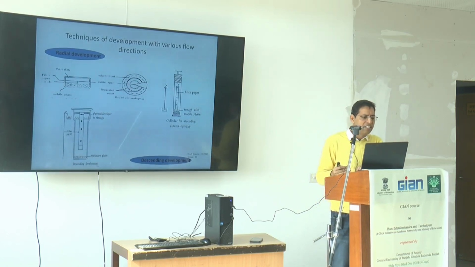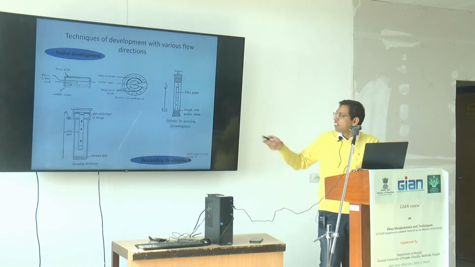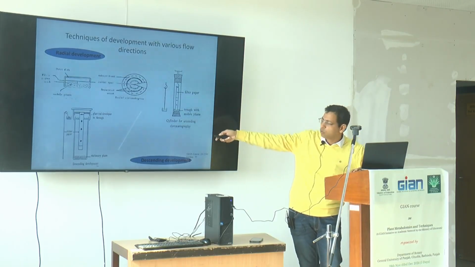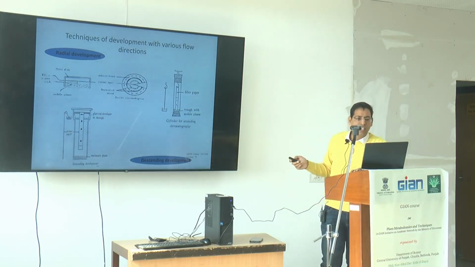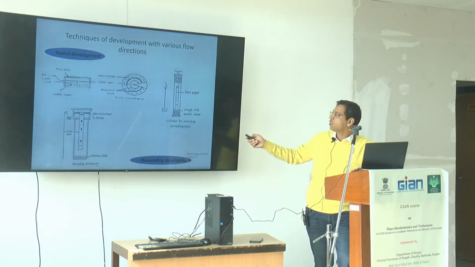Second is descending, where you put your sample at the top and it moves from the top to the bottom. In the ascending case, they move from the lower part upward. And this is the filter hanging, so you put the sample here and it moves from top to down. So this is ascending, this is descending, and that is radial.